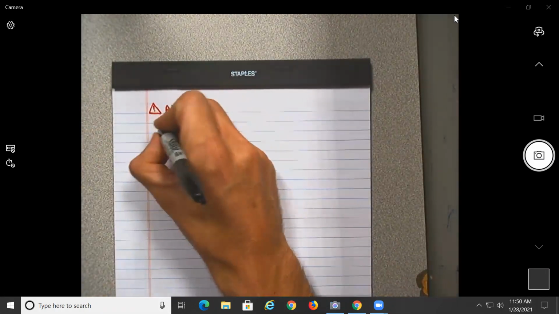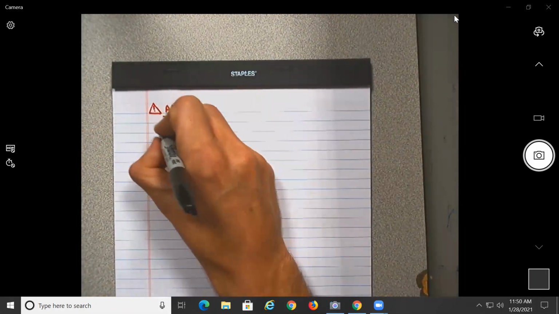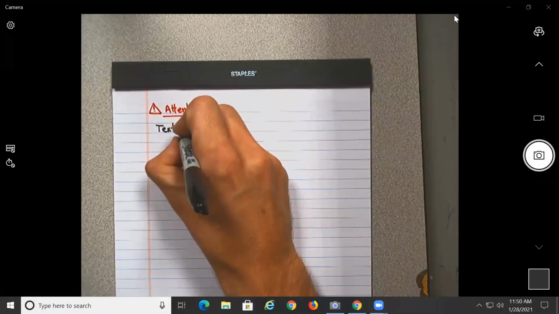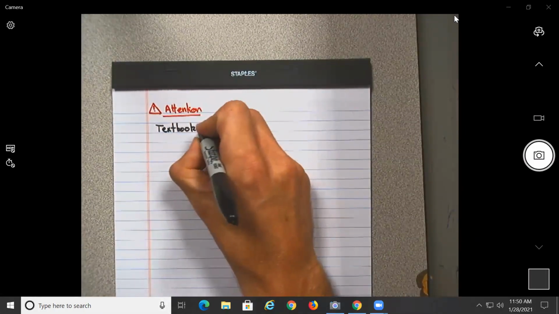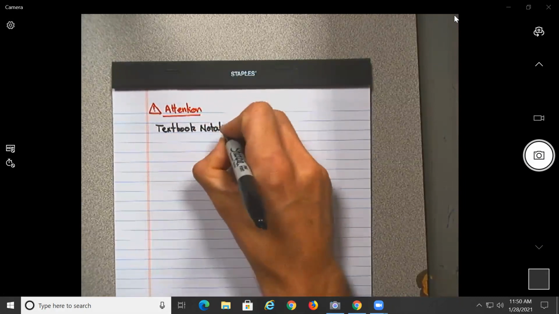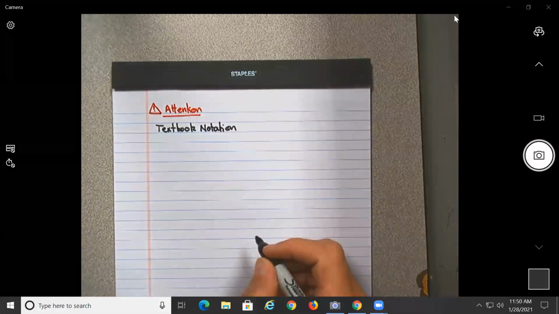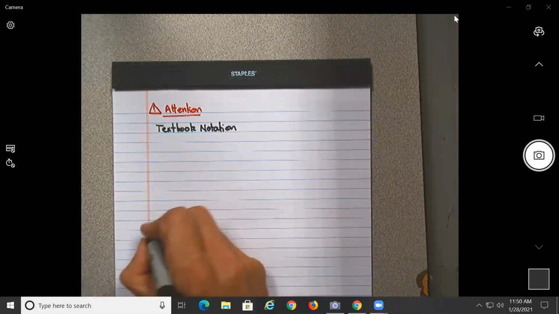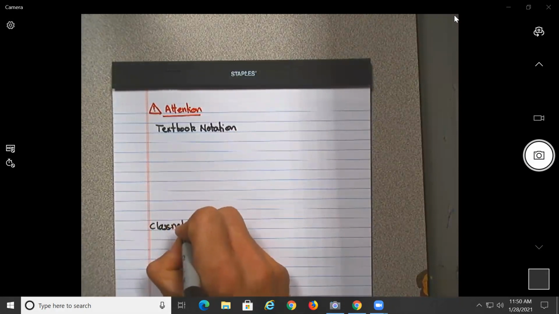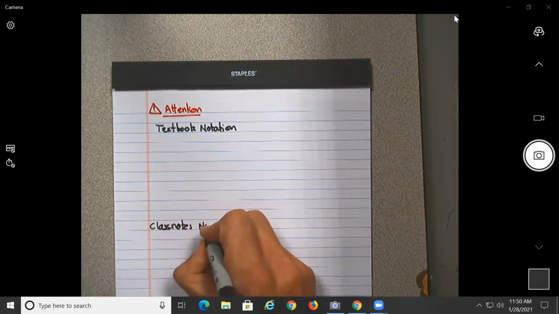So if you want, textbook notation, and then let me put over here class notes notation.